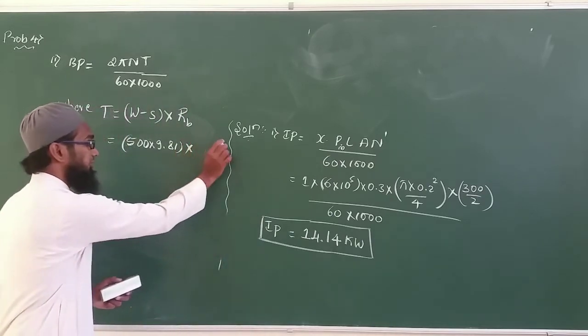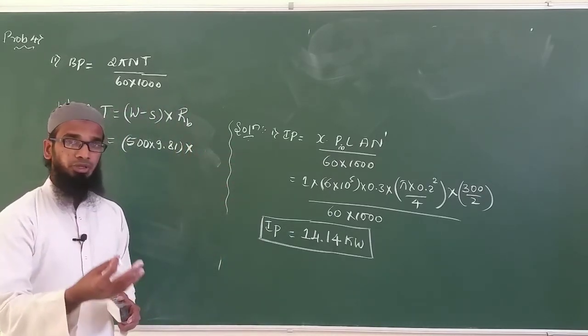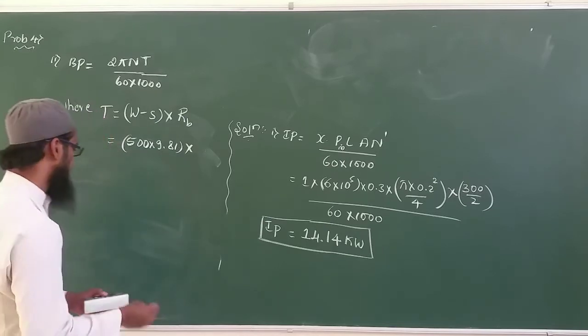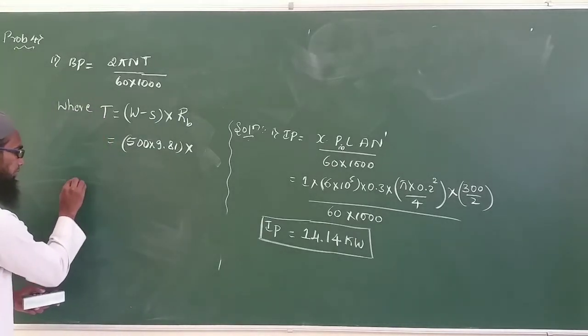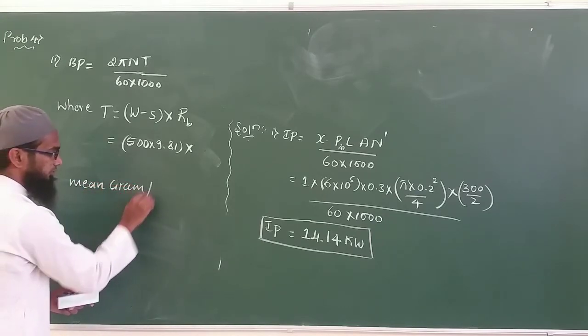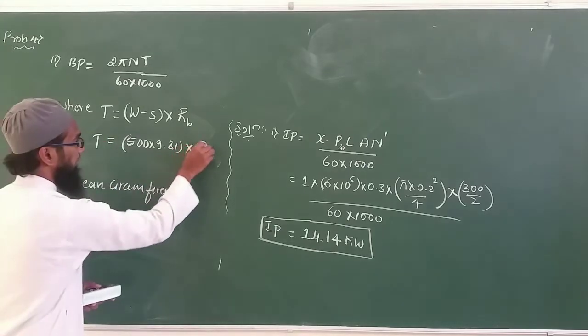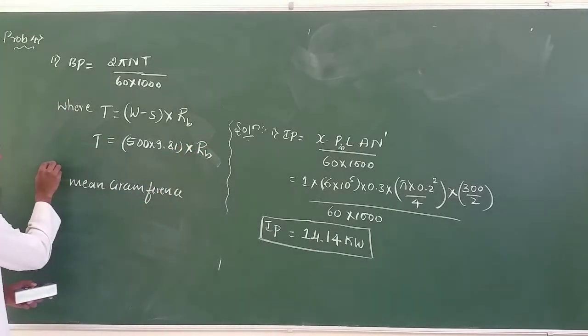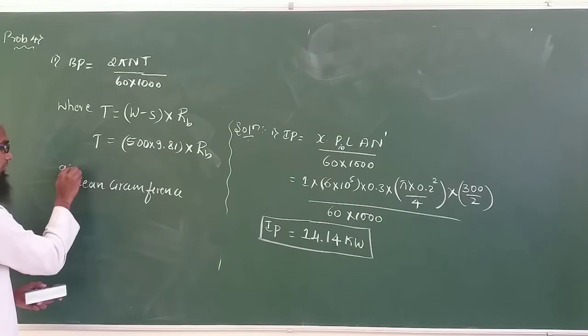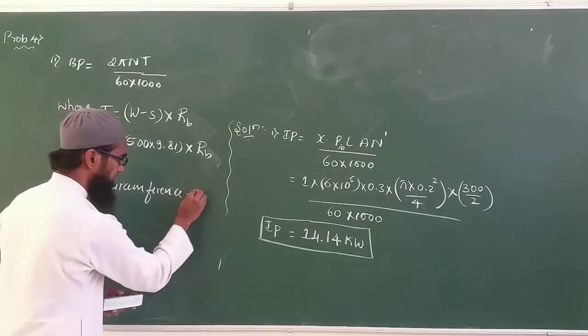To find the radius of the brake drum, the mean circumference is given as 400 mm.